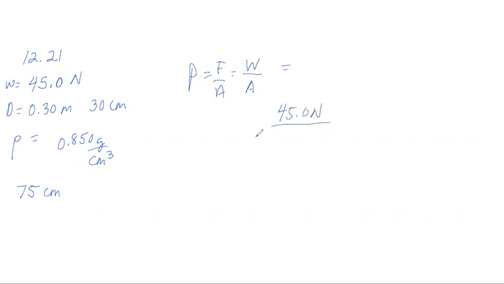And it's a cylinder. So that's going to be pi r squared, I'm sorry, pi r squared. So pi times r is 0.15 meters squared.